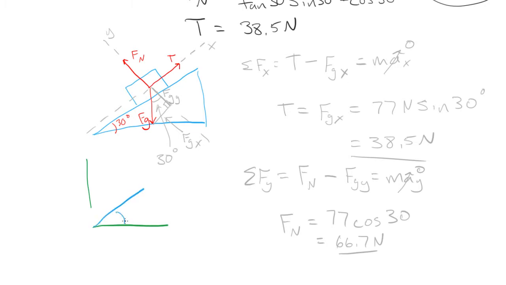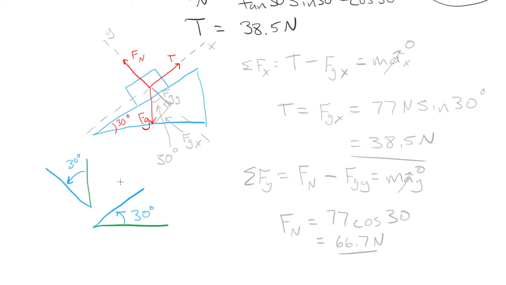I went 30 degrees counterclockwise, so I went up this way to give myself a slope of 30 degrees. So I took my original x-axis and rotated 30 degrees to get my new x-axis. Right? So what that means is if I take my original y-axis and rotate 30 degrees counterclockwise, I'm going to get my new y-axis.